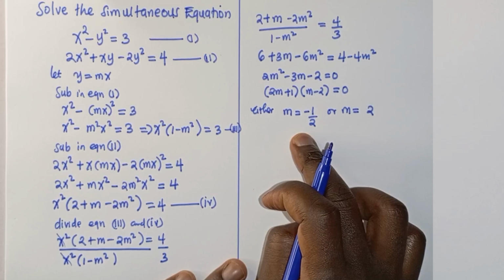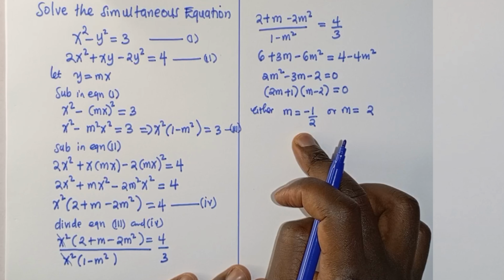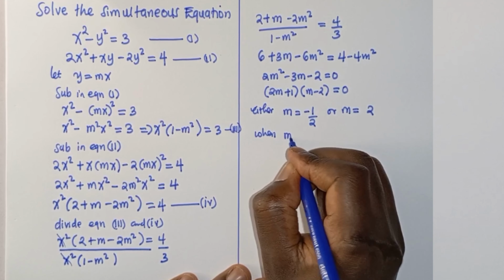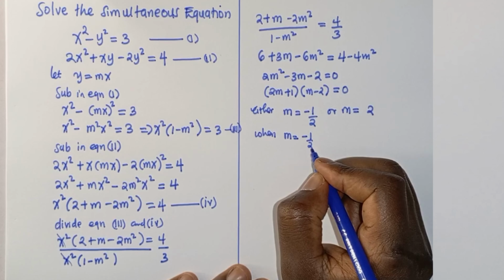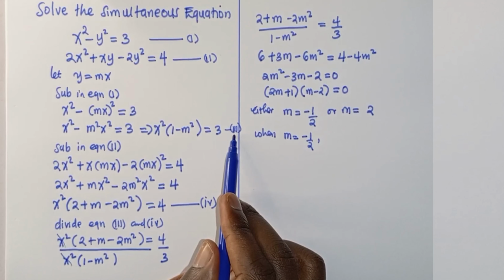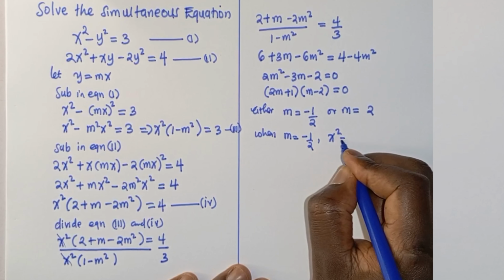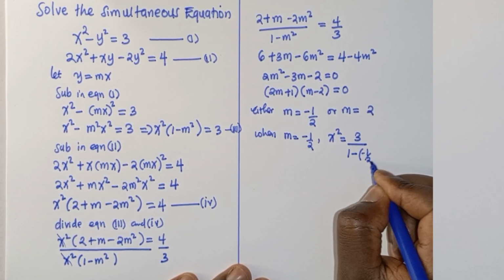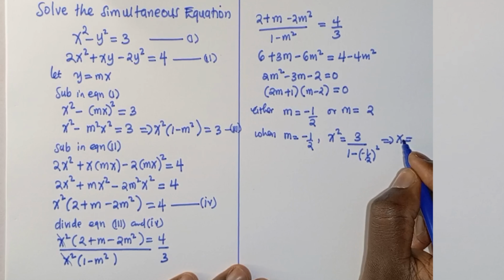Now, after getting m, we can go ahead and get the values of x using either equation 1 or equation 2. Or in this case, we shall use equation 3 and 4. Any of those, you pick one. When m is equal to negative half, using equation number 3, our x square will be 3 out of 1 minus negative half square.